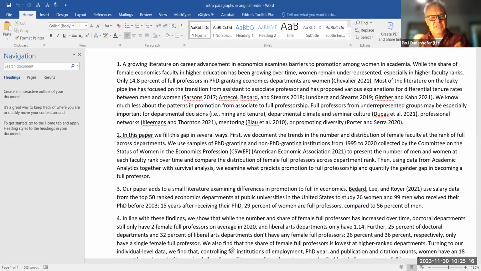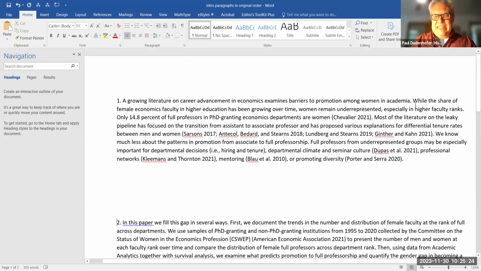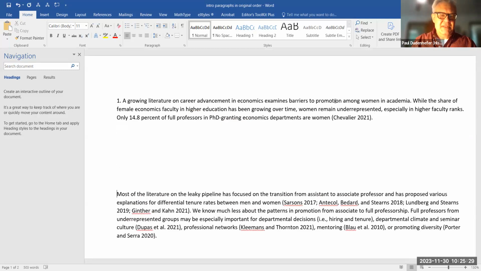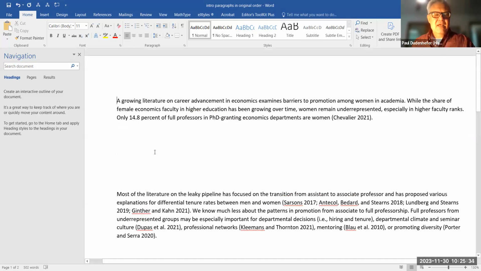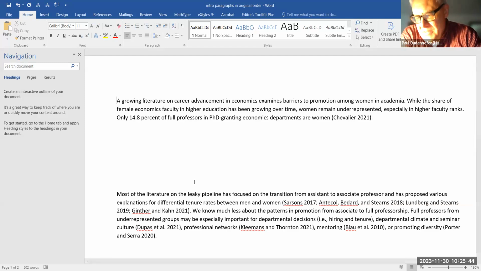Okay, bonus instruction. Let's focus on this opening sentence here. This is bonus instruction here. Okay, so this sentence begins, a growing literature on career advancement in economics examines barriers, et cetera, et cetera. Okay. This is a sentence written by academics for academics.